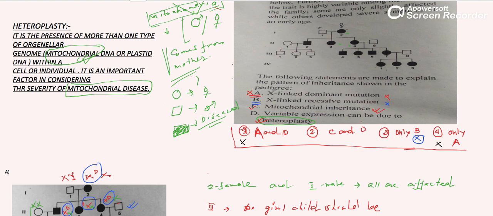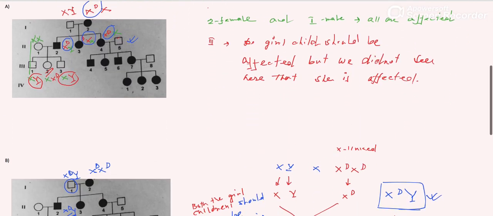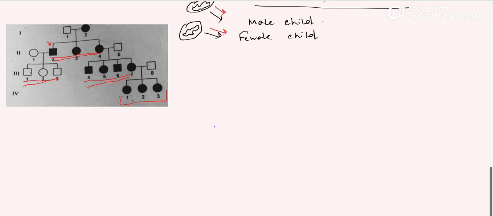So C and D are the correct answers, because heteroplasmy shows more than one organelle genome that can come from mitochondria, or plastid, which is absent in humans, we all know that. And mitochondrial inheritance we have already discussed. So from this discussion we can easily say that option 2, C and D is the correct answer.